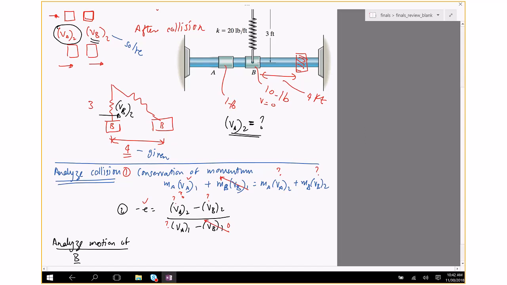The spring is going to get stretched, and it's going to apply a force which is going to retard the motion of B. We know the velocity of B when it starts. We know the velocity of B when it stops, because that's the maximum extension of the spring, and so we know velocity as a function of distance. We know 4 feet is the distance traveled.